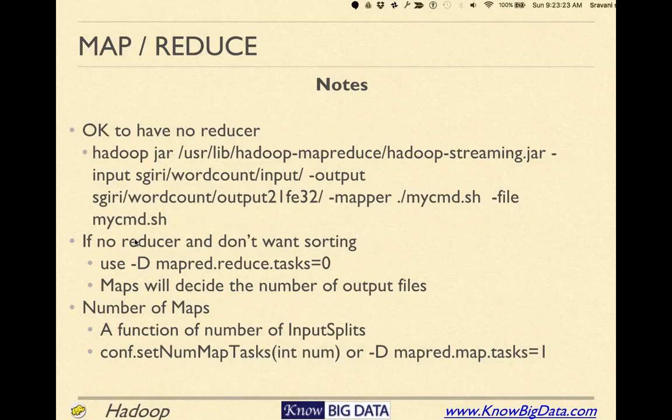In this case, if there is no sorting, meaning there is no shuffling happening, there is no heavy lifting such as sorting, and the mapper will decide how many output files there are. Another question which people ask most often: how many mappers are generally executed? It is a function of the number of blocks of a file.